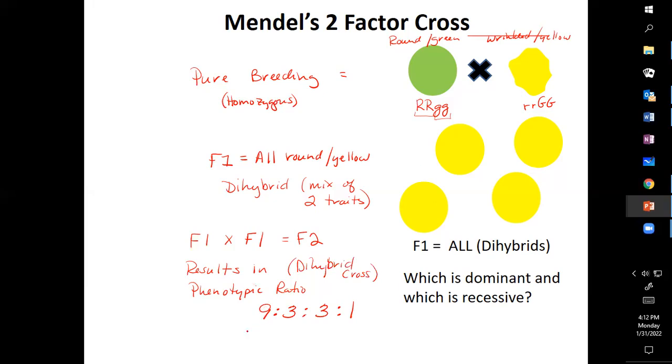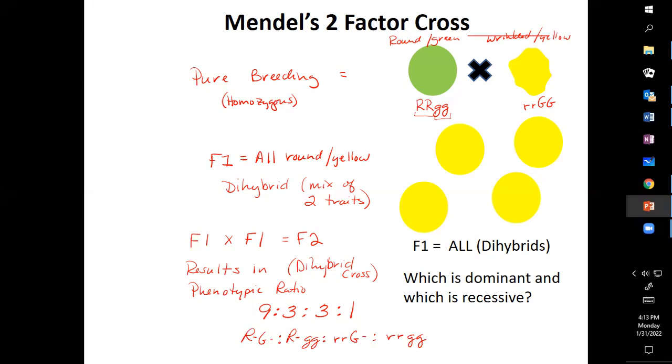In this case, we'll say big R dash, because we don't know what's in the second position, and big G dash. 3 out of the 16 total would be dominant for one characteristic and recessive for the other. Another 3 out of 16 would be vice versa. And this one lonely 1 out of 16 would be recessive for both characteristics.